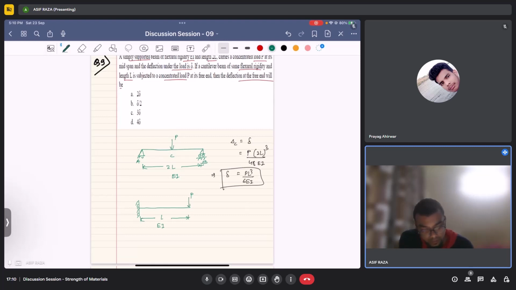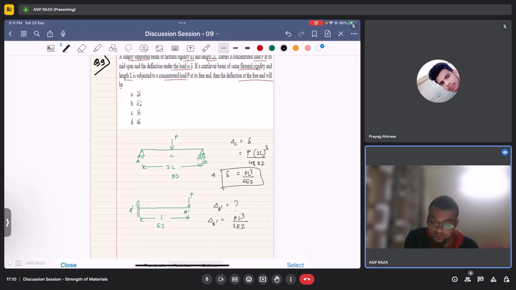I'll write the ends as A dash and B dash. We need to find the deflection at the free end. The deflection at the free end is equal to PL cube by 3 EI.